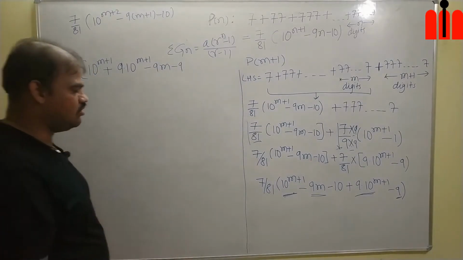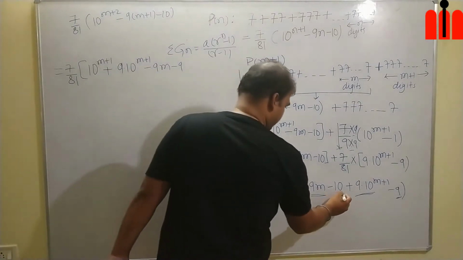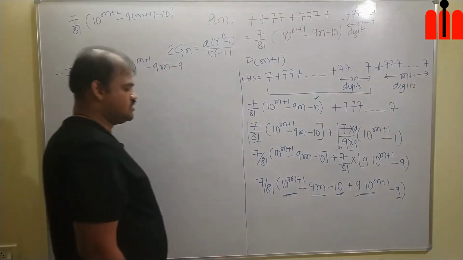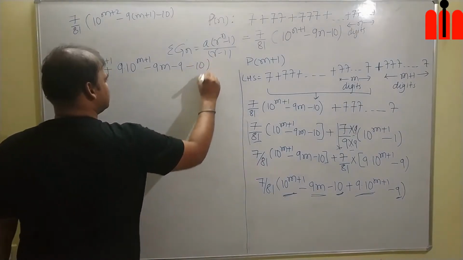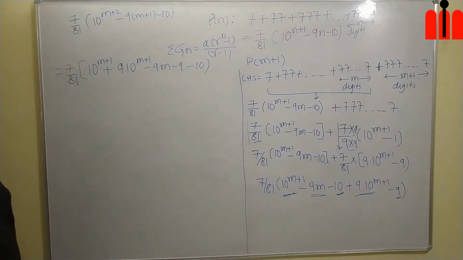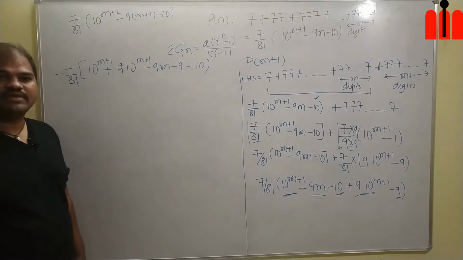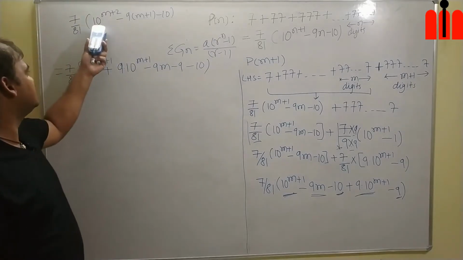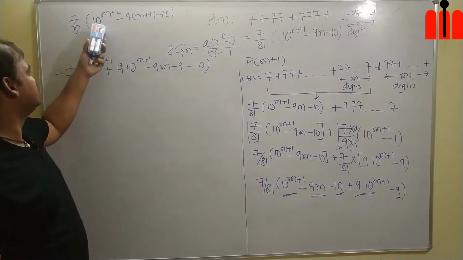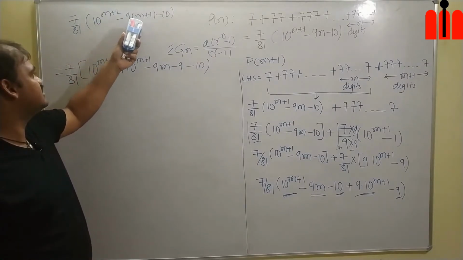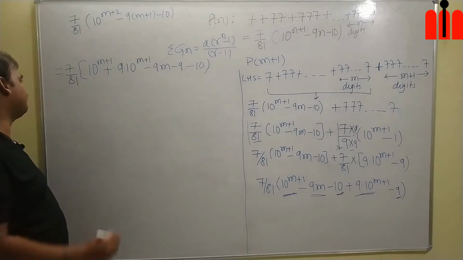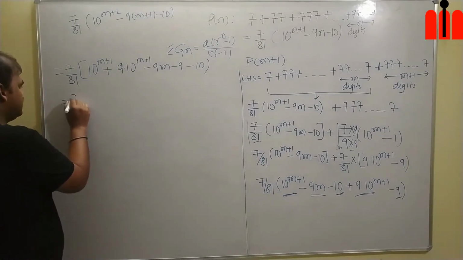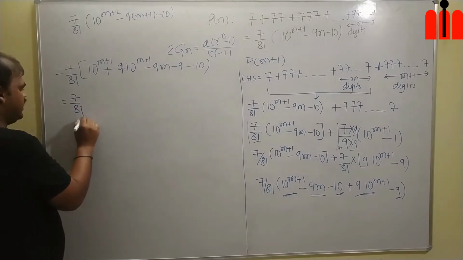I am combining all the like terms. This is minus 10. Write it as minus 10. So what is my aim? My aim is to get this expression, right? So it is 10 to the power of m plus 2 minus 9 times m plus 1 minus 10. It will be 7 by 81.